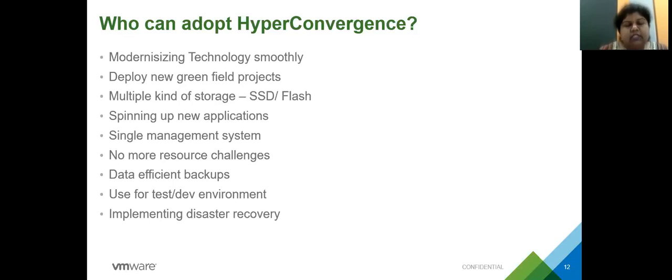In that case, you would say, I want all flash. And your vendor will be able to provide it, because a lot of them have different specifications. So a mix of storage is available for you to purchase. It is not that you'll be spending fully on flash or fully on SSD.